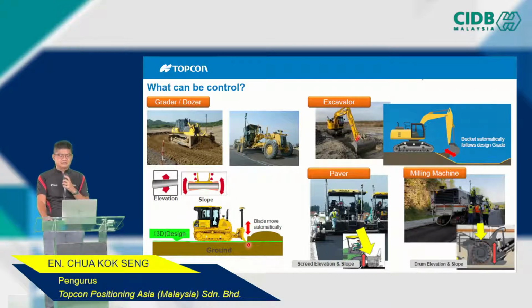Once the 3D design is sent over to the operator's screen, the operator will do the operation automatically by doing the cut and fill. So these are the desired grades. For excavator, it can also do sloping. Later I will share with you more of the benefits of using machine control with an excavator. And it can also control pavers and milling machines.